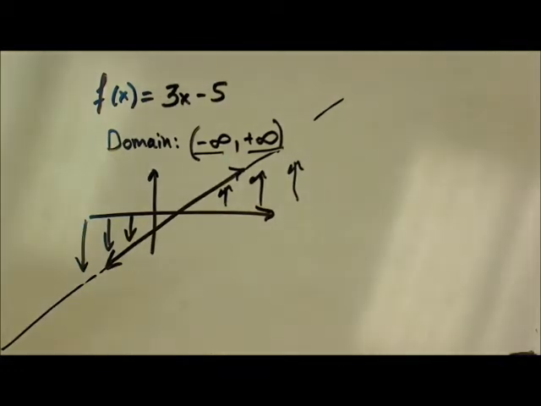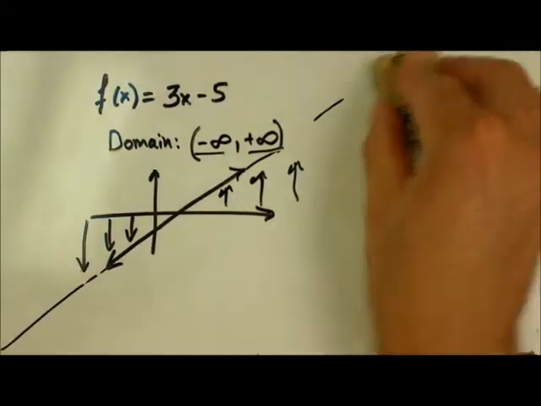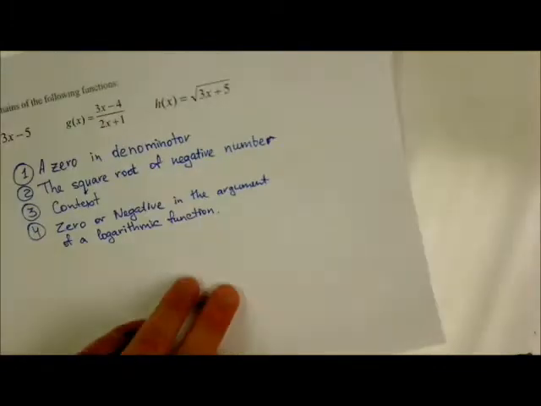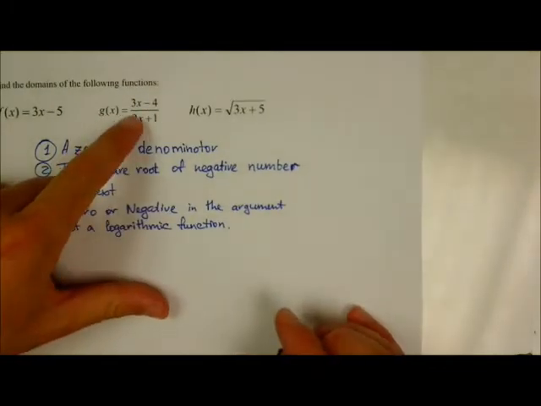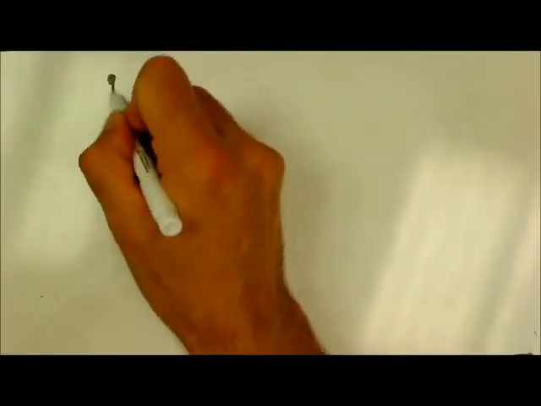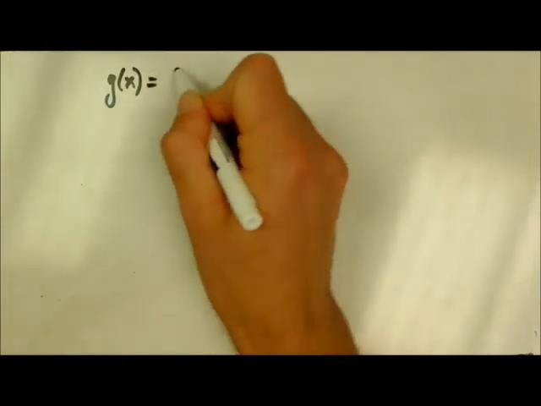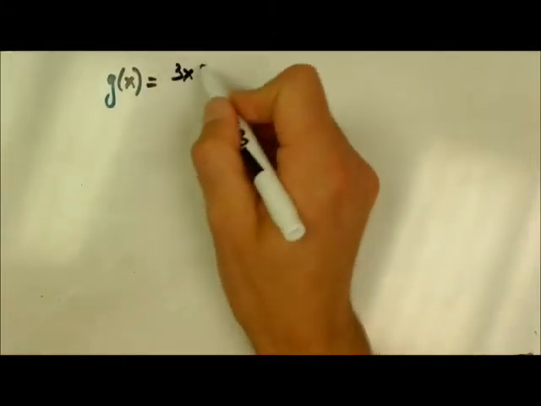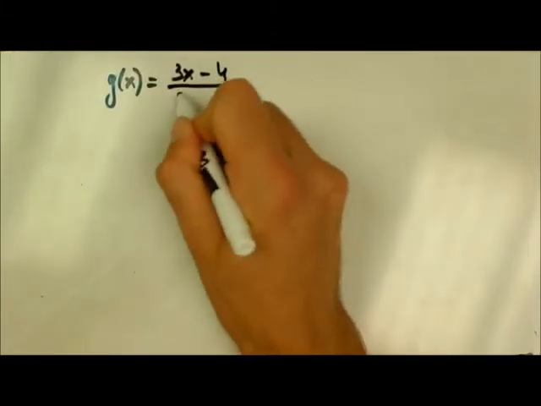Next function will be g of x equals 3x minus 4 over 2x plus 1.